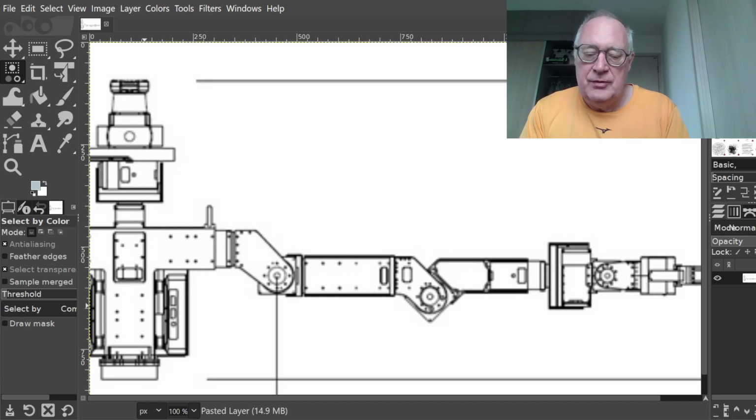So that will be 452 minus 98, but that's only half of the torso. So that will be multiplied by 2.